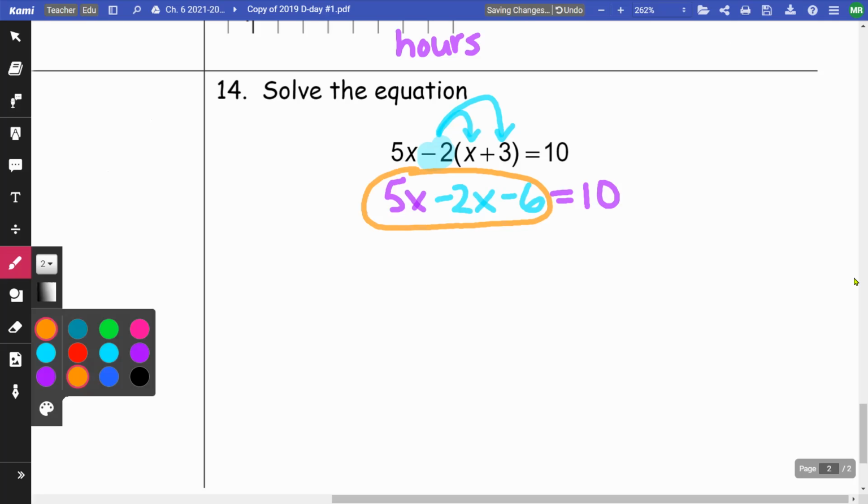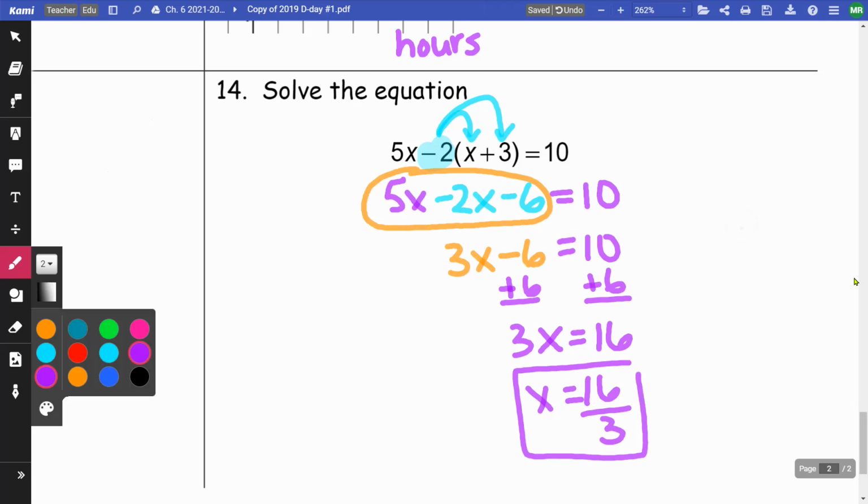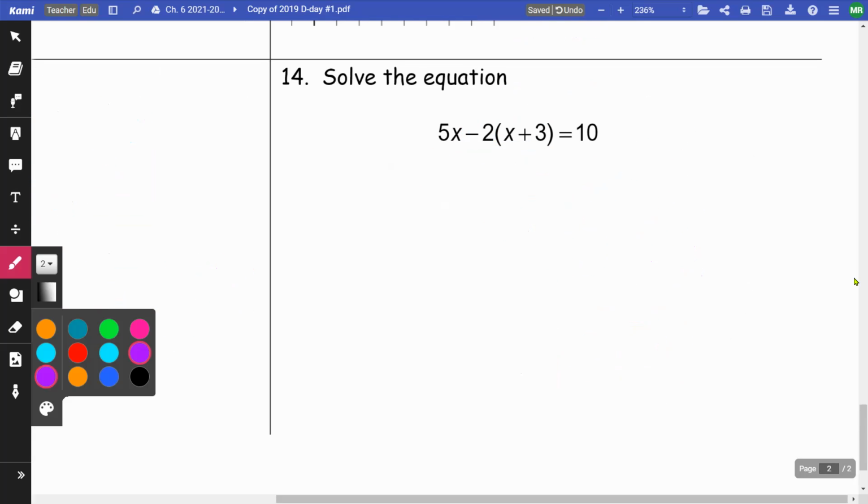Those are going to combine and give me a 3x minus 6 is equal to 10. Now I'm going to add 6 to both sides. I get 3x is equal to 16. I divide by 3 and I get 16 over 3, which is not a nice number. Just leave it. And that's the end of this video.